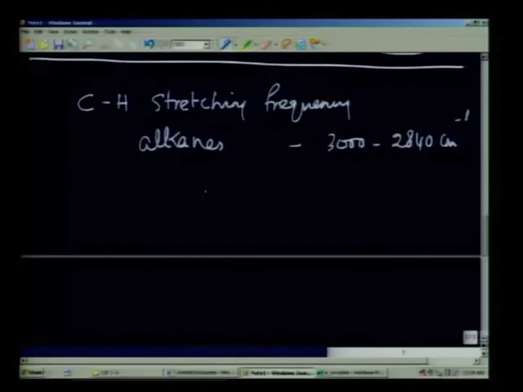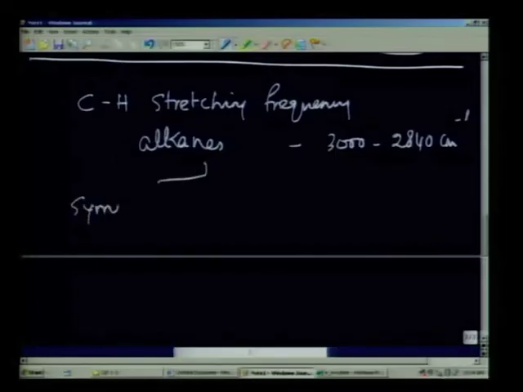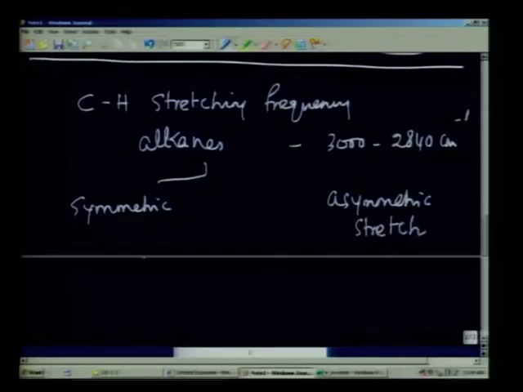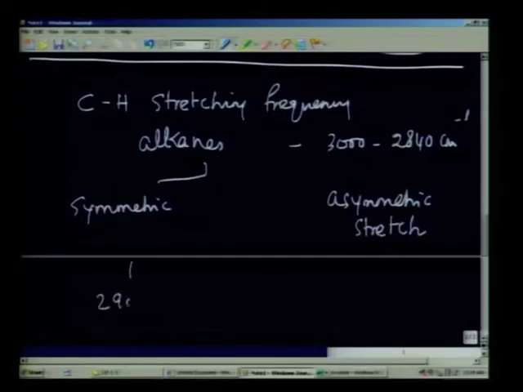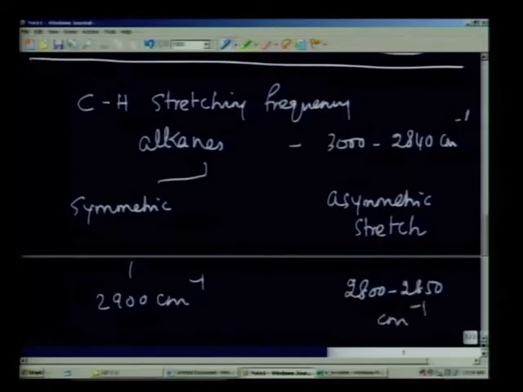Then again in the stretching there are symmetric and asymmetric stretches. Symmetric stretch is approximately 2900 centimeters inverse, and the asymmetric stretch is between 2800 to 2850 centimeters inverse. This is the usual stretching frequency that you find for the methylene groups and for the carbon hydrogen groups.